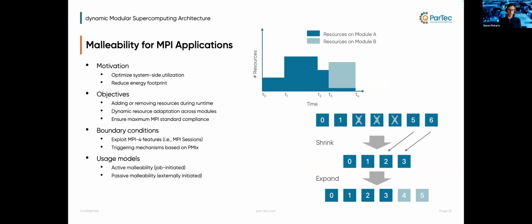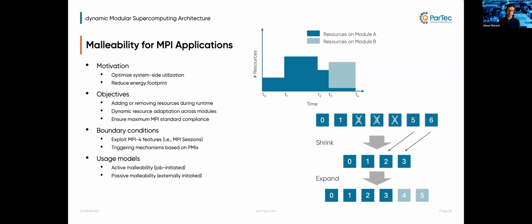And another aspect we are also working on, which affects all layers of the system software stack, meaning the process and resource management, the runtime library, and finally also the applications, is the aspect of malleability to further improve the utilization of the resources.